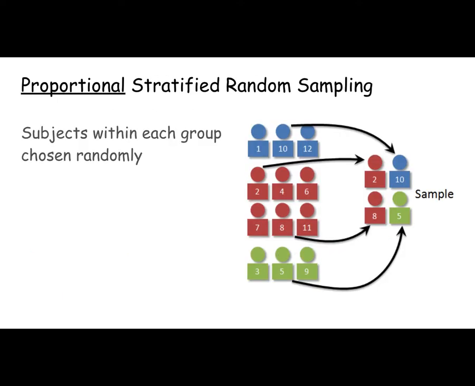So for a proportional stratified random sample, you're going to choose subjects that give you groups, the strata, in your sample proportional to their size in the population. So if you have twice as many of this group of people in your population, you want to have twice as many in the sample as well.